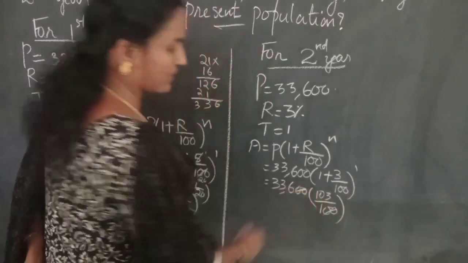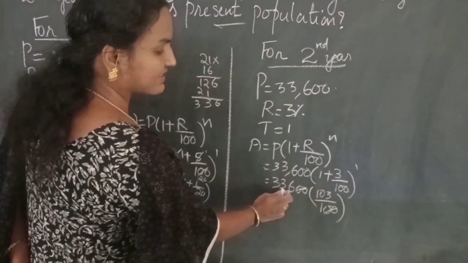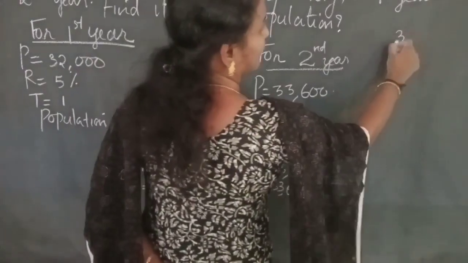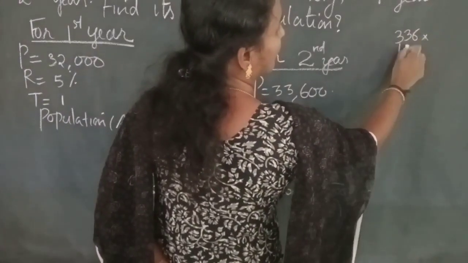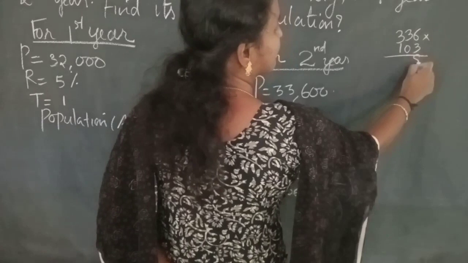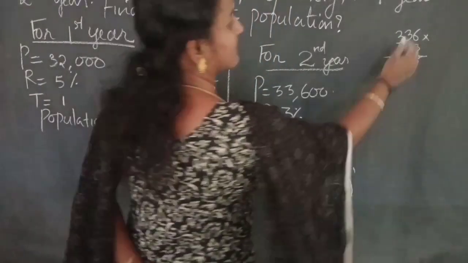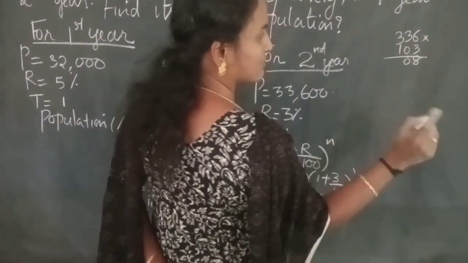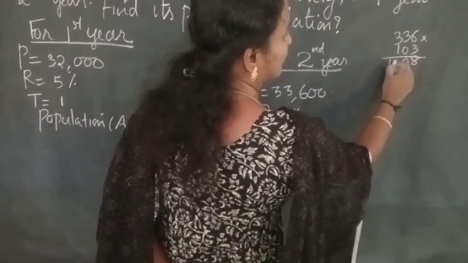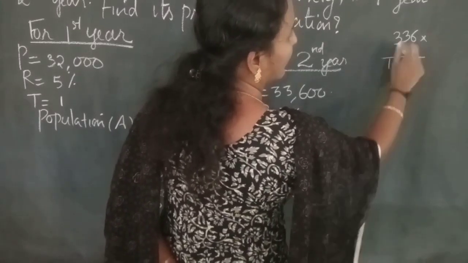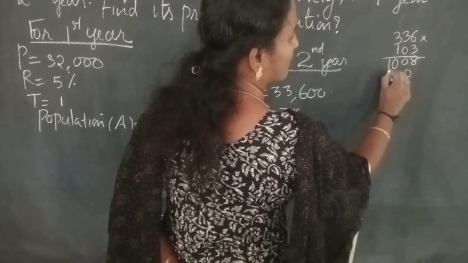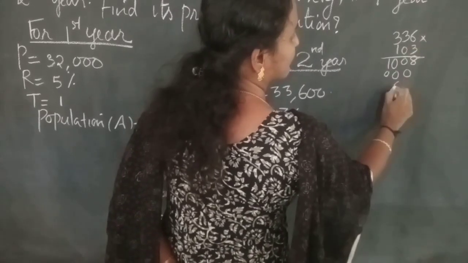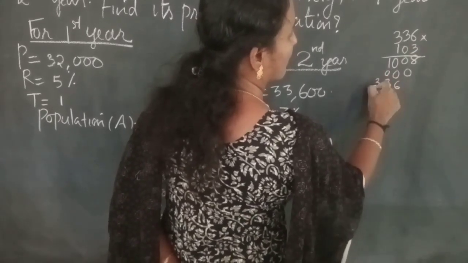So 00 cancel. So 336 into 103. 6 3s are 18, then balance 1. 3 3s are 9 plus 1, 10, balance 1. 9 plus 1, 10. Then 0 into any number is 0. 0, 0, 0. 1 into 6 is 6. 1 into 3, 3. 1 into 3, 3.